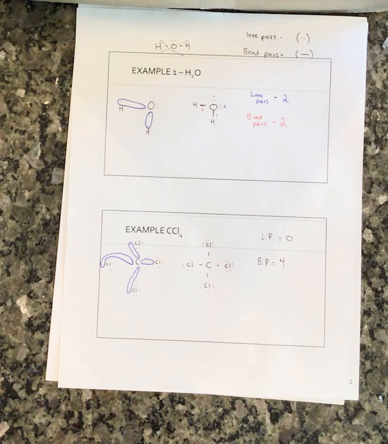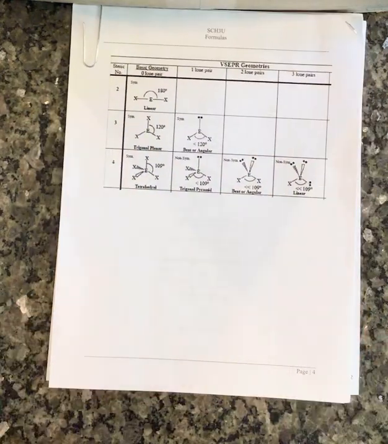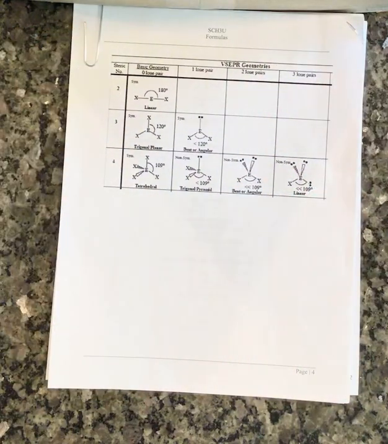All right. Now, the next part of this lesson is we're going to look at our VSEPR geometries. In order to do this, you're going to need to pull out the data handbook formula sheet package that I have online. If you go to, I believe, the last page of it, I have something here called VSEPR geometries.